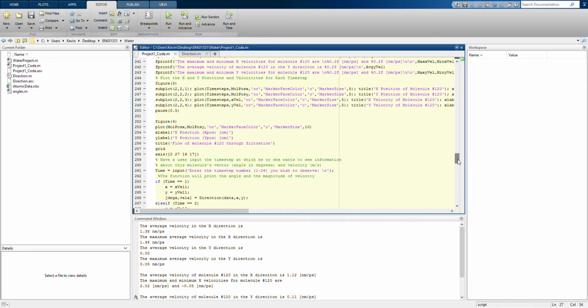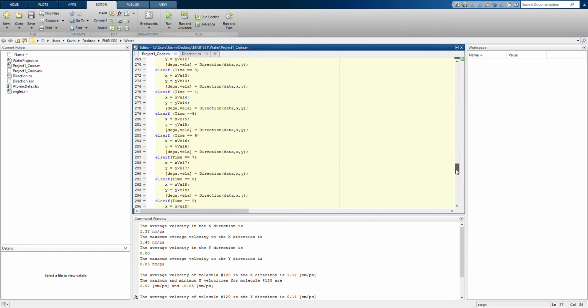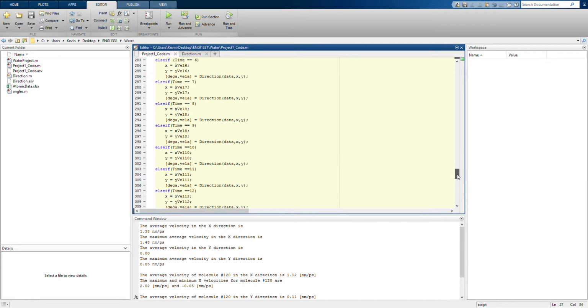So next, since we were given all that data, the x velocities and the y velocities, we wanted to find the direction vector at each time step. So that would utilize basically the magnitude of the x and y velocity, and then we would have to find the angle.